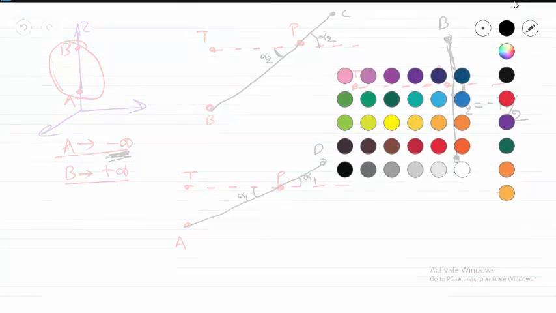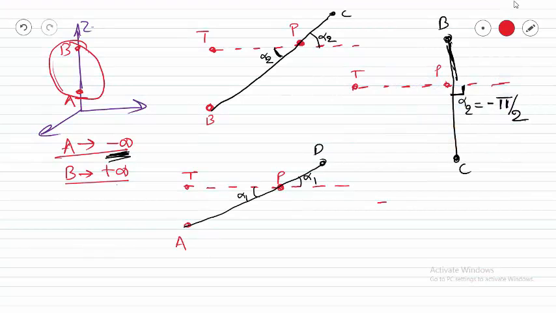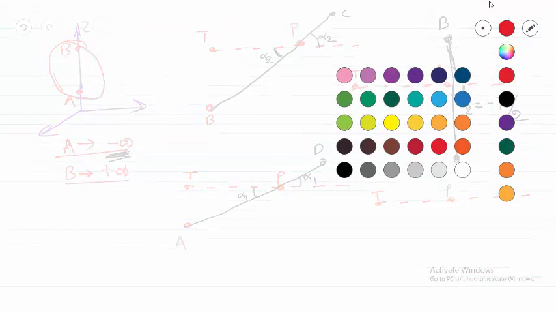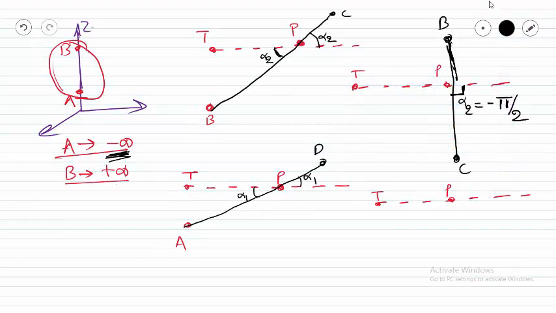So in that case the figure will look like this. This is point P, this is T, and A has moved to minus infinity. So this will be the line, this is A now, this is D now. This is the angle between these two.